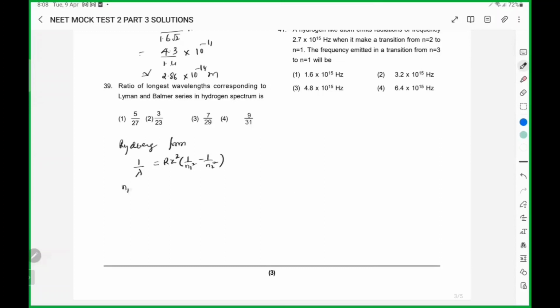So here N1 is the principal quantum number of the lower energy level. N2 is the principal quantum number of the higher energy level. So R is the Rydberg constant.